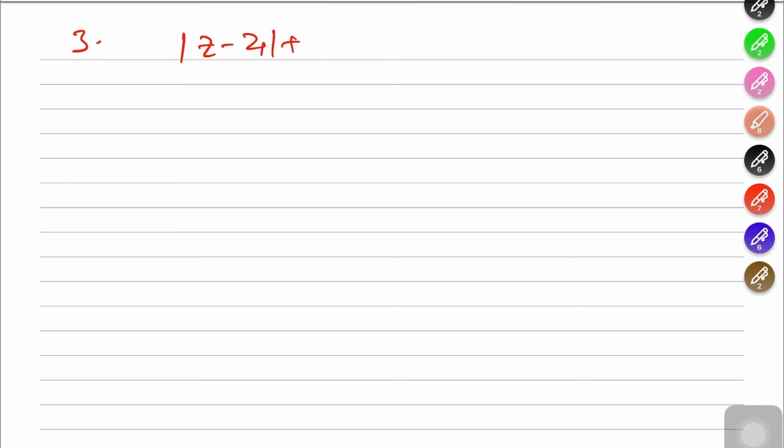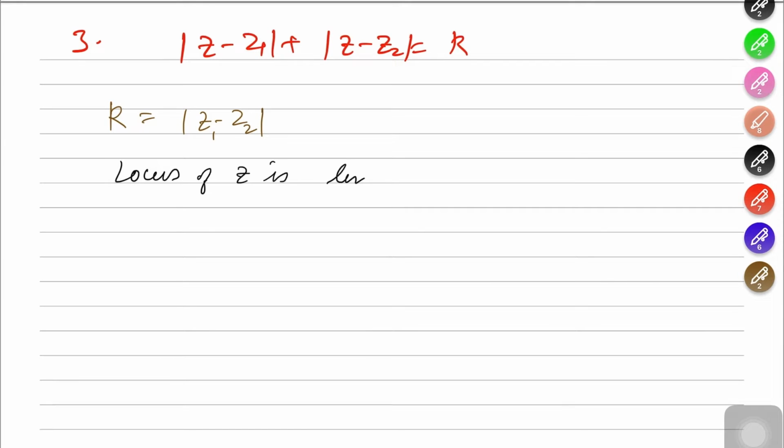|Z minus Z1| plus |Z minus Z2| is equal to K. In this case, again based on K, let's say if K equals |Z1 minus Z2|, so in this case the locus of Z is a line segment joining Z1 and Z2.